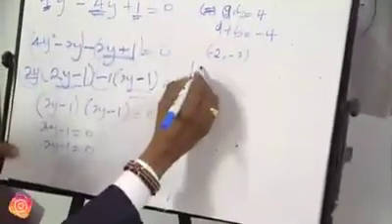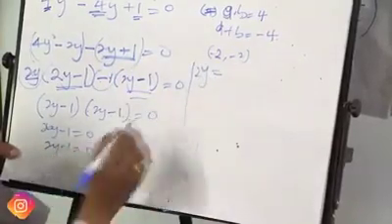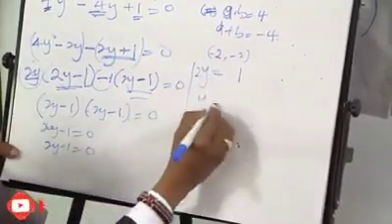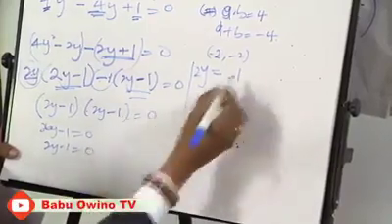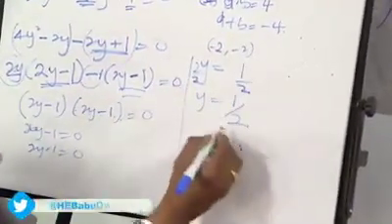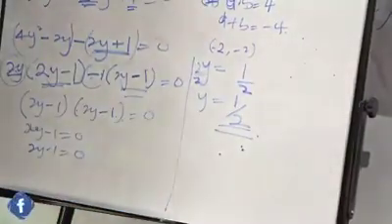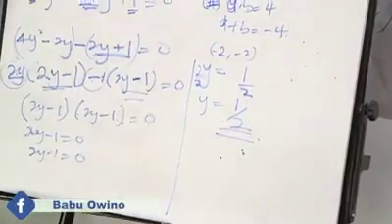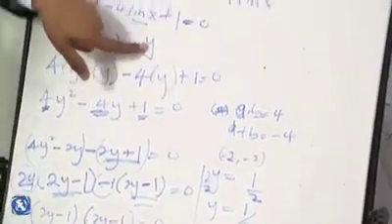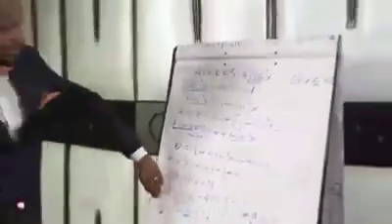From here, you say 2y equals, when 1 crosses the other side, becomes 1. Therefore, y equals a half, you divide everything by 2. Remember, we said sin x to be equal to y. Therefore, for sin x, you replace it with a half. So you write sin x equals a half.